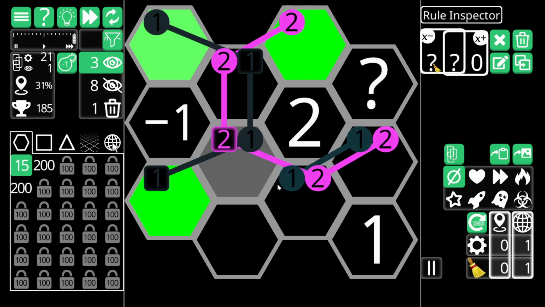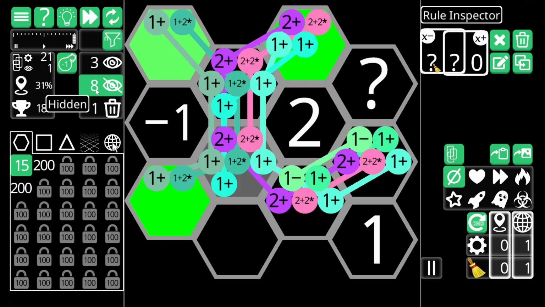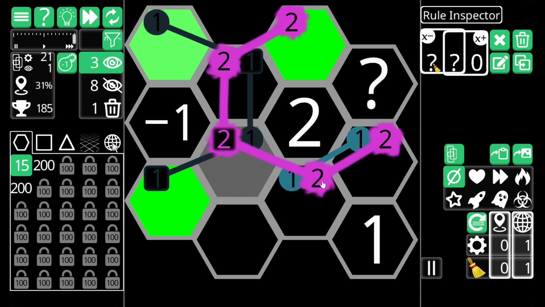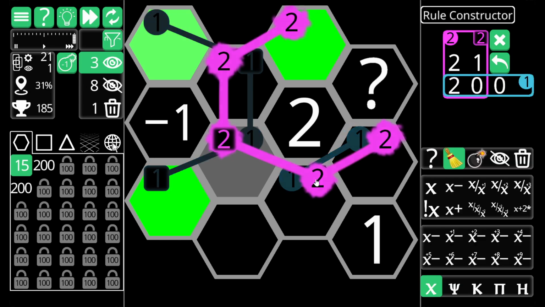If there's 1 mine here, I just haven't done the version of subtracting from partially negative regions. Okay.